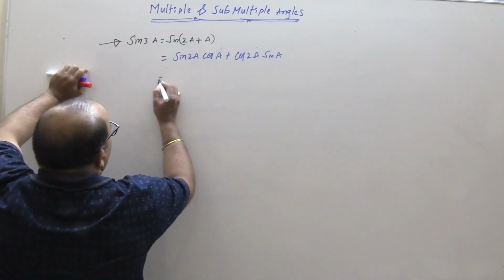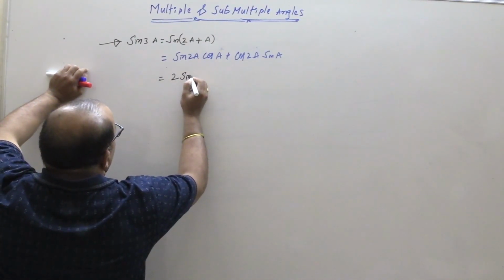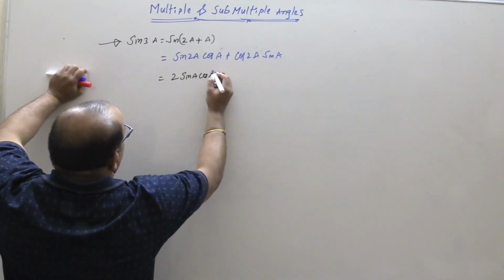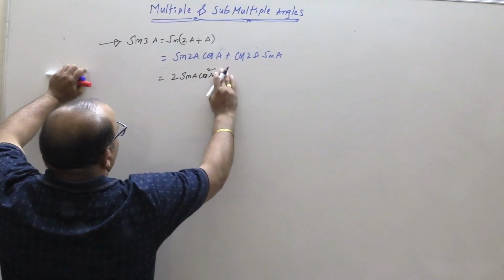Sin 2A formula is 2 sin A cos A, and already we have cos A. Can I write cos square A?